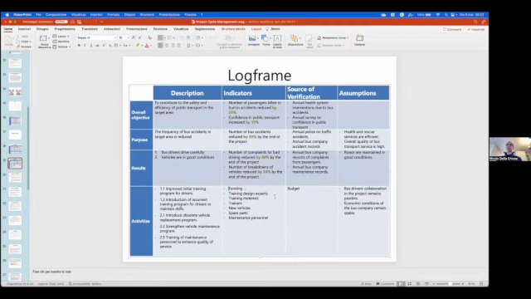So funding, training, design experts, training materials, trainings, new vehicles. So it gives us an idea of what we need to implement our activities. And the source of verification will be the budget, because the budget will give us a detailed list and costs of all the means we are going to use to perform the activities.